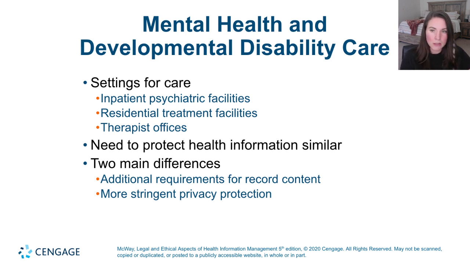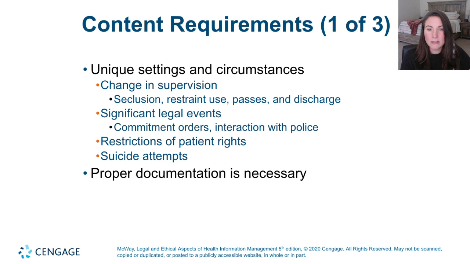Okay. These types of health records can sometimes have things that aren't in general health records, such as changes in the patient's supervision, which is like seclusion, use of restraints, passes, and discharge.